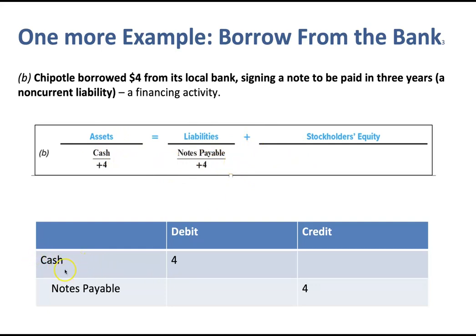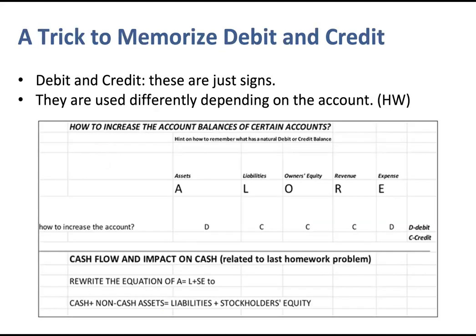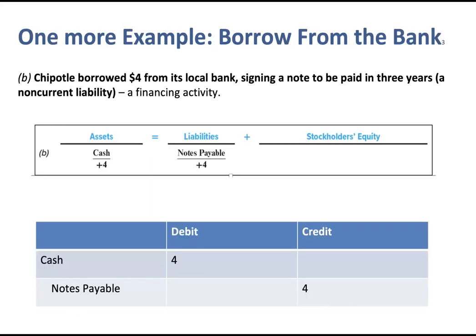When cash increases, we already talked about it. Cash is an asset account. An asset account increases with debit. So debit cash for $4. Now we are going to write the credit side. The lure tells us that liability increases with credit. So when notes payable increases, notes payable should increase with credit.